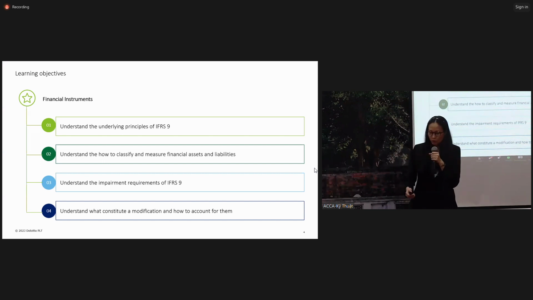So we will see an example of how we compute a modification from the 10% test. Later I will explain what this 10% test for modification is.